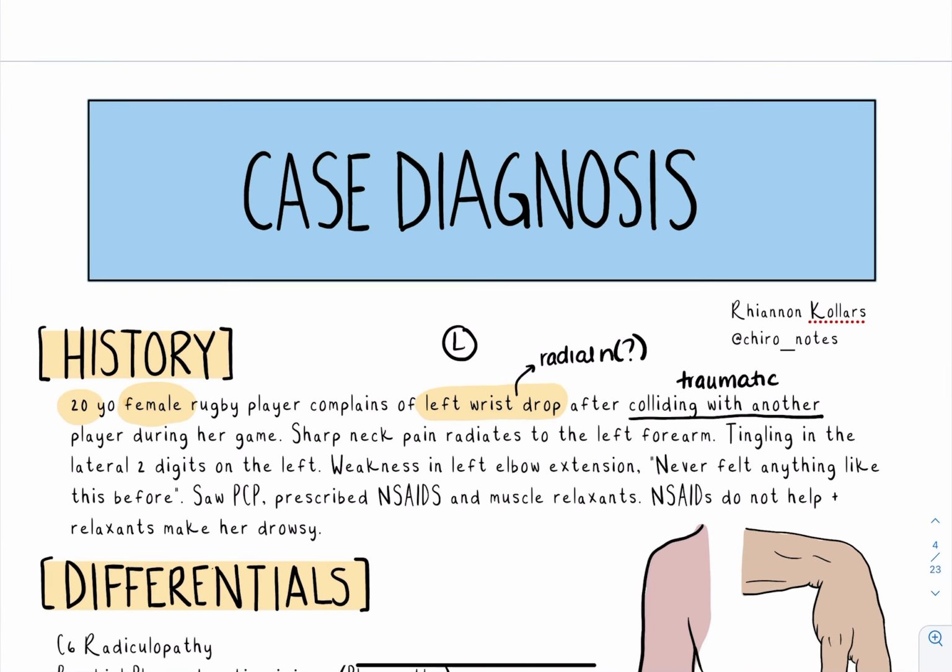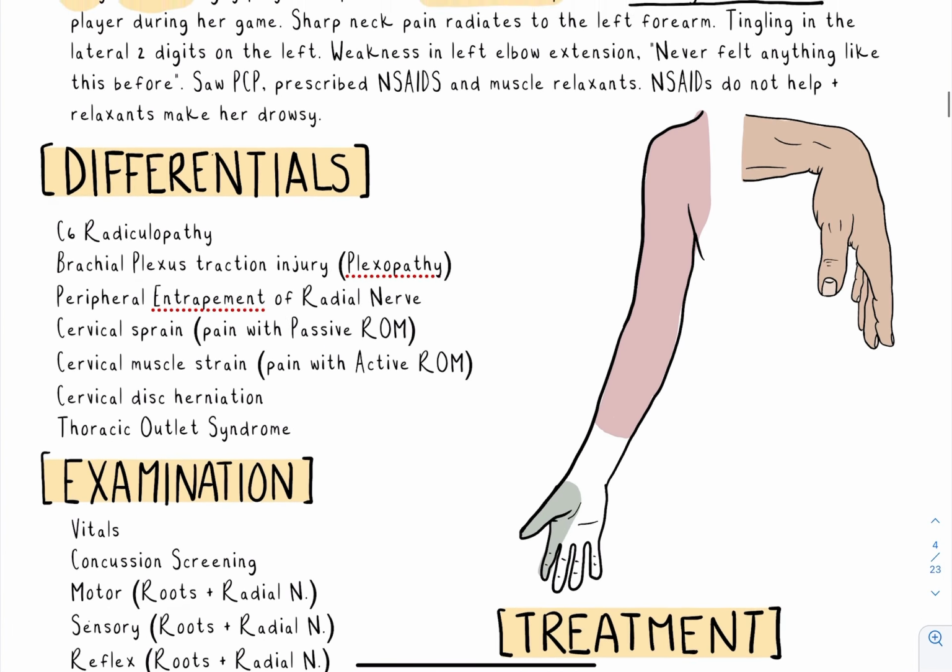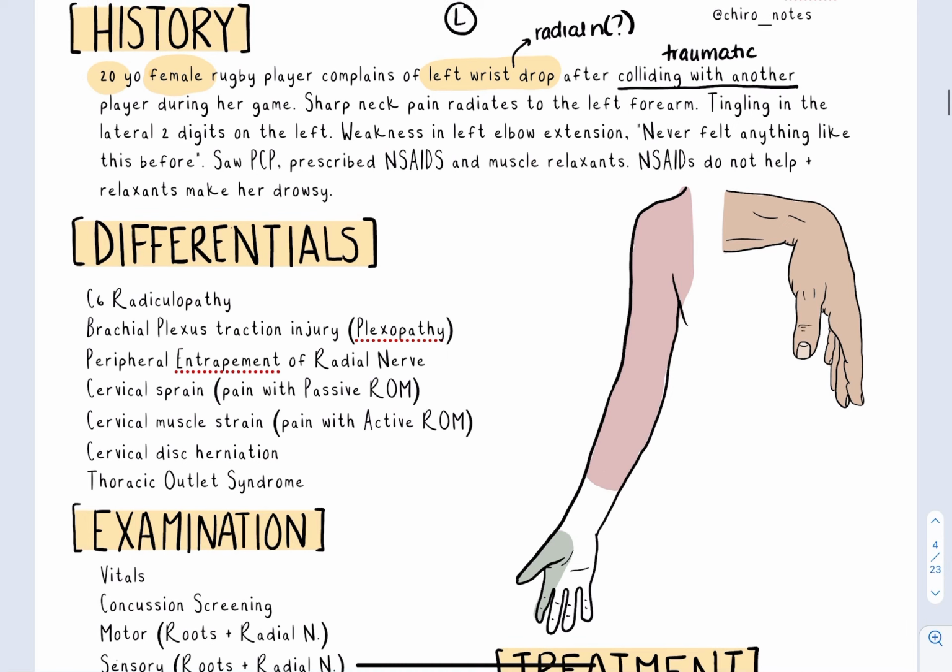When we look at this, I drew it out here. This is where she's getting that radiating pain, that's sharp in the neck and radiates down. Then we have this numbness and tingling happening in these 2 digits. And then here's that wrist drop that we saw.